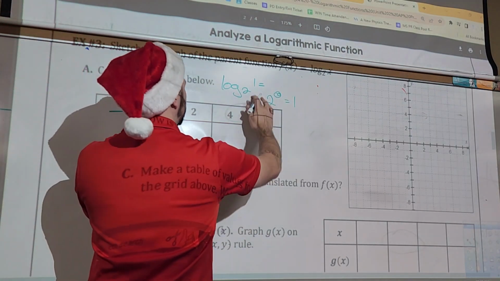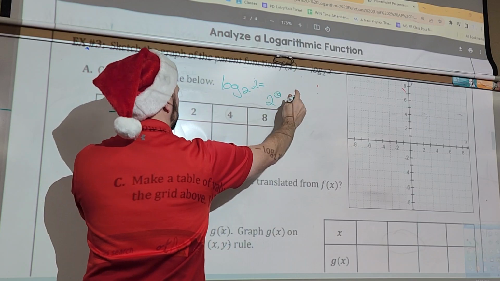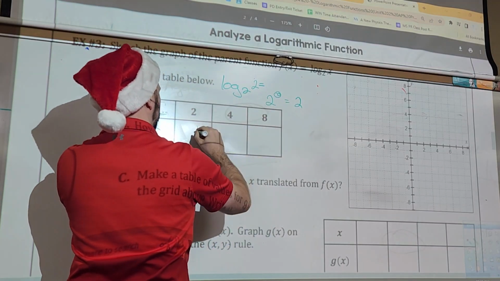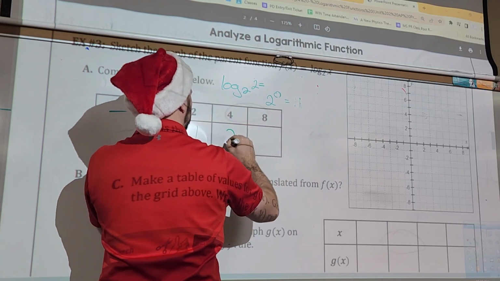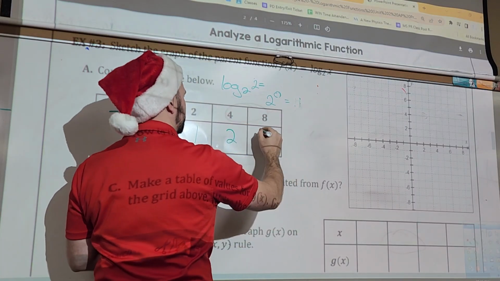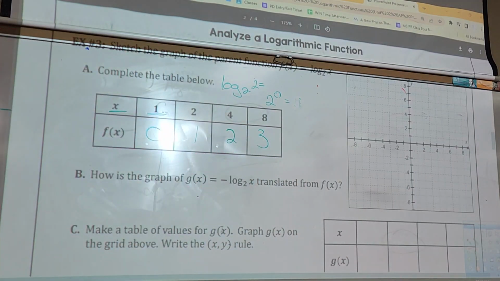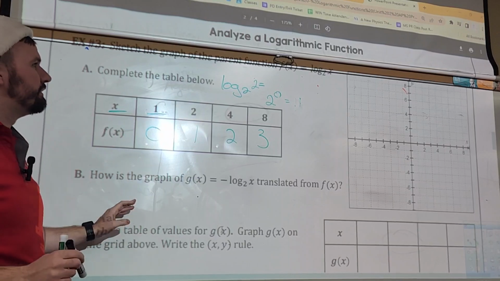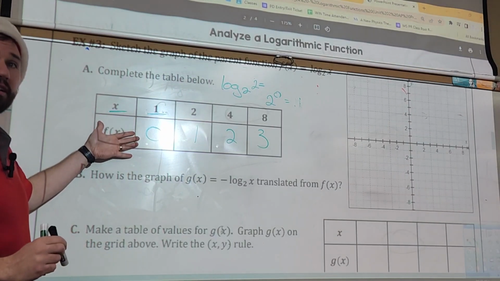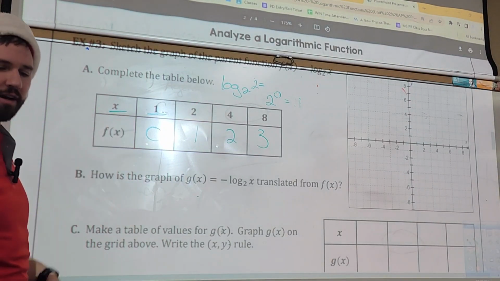Then 2 to what power equals 2? 2 to what power equals 4? 2 to what power equals 8? It's the opposite of an exponential. If I flip my x and y, it would be an exponential, right?